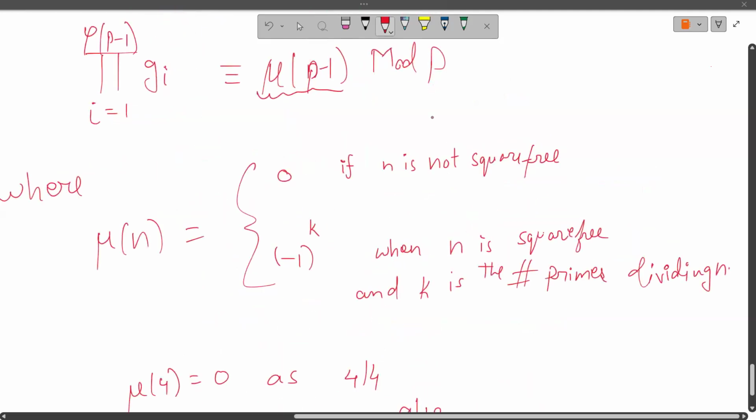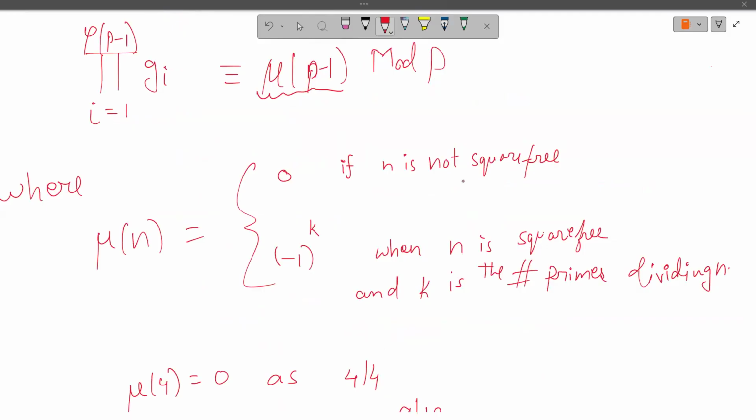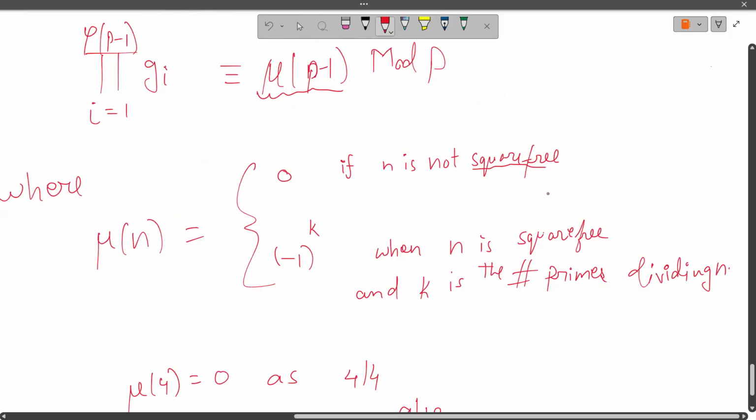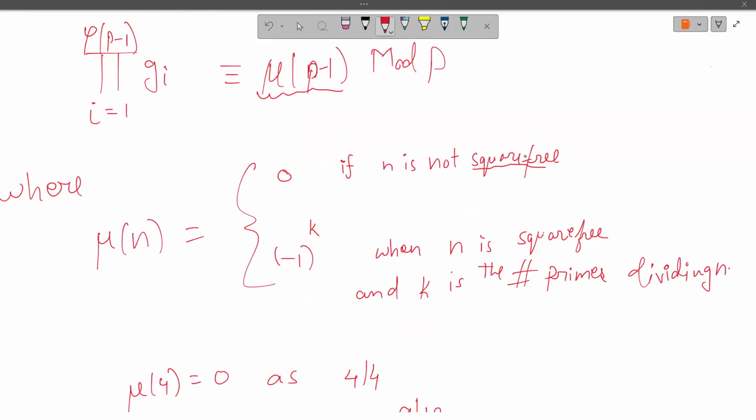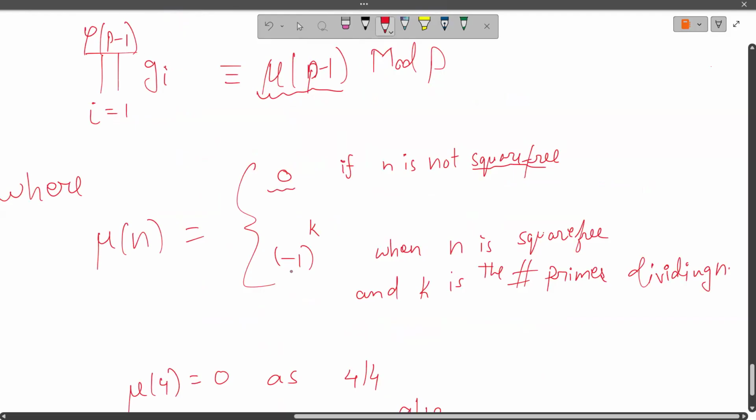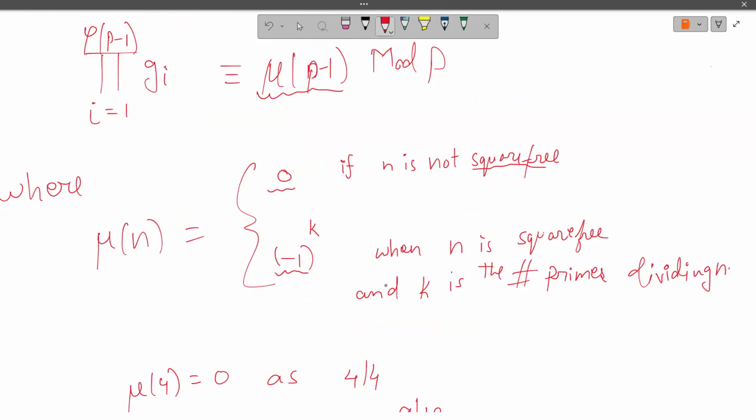Okay, wait. Do you people know what square free means? Yes, it does not have a square. Yeah, it is not divisible by any square, precisely. This is the first condition. So if it is not square free, that is a perfect square divides it, it will be 0 and it will be minus 1 raised to the power k otherwise.